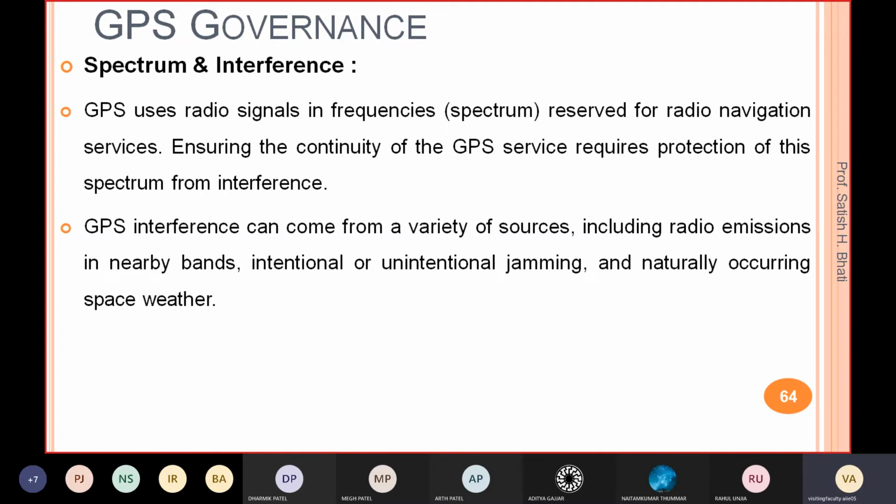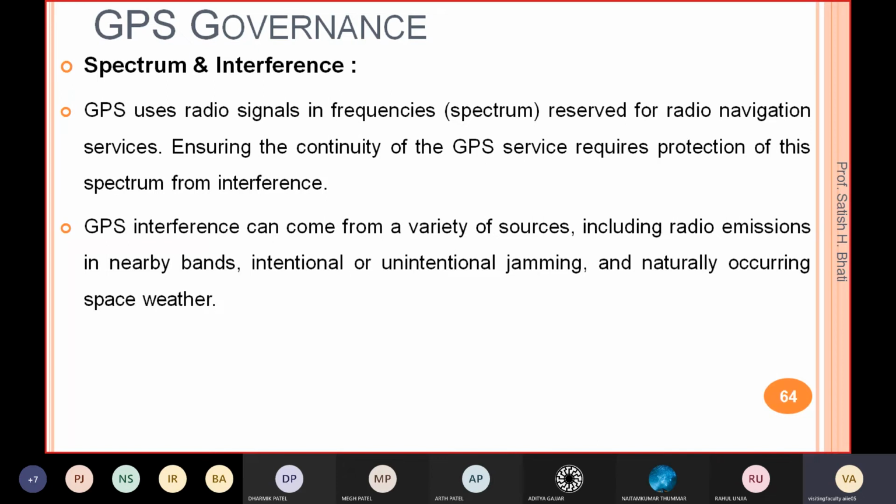Then intentional or unintentional jamming, right? So jamming is like blocking the frequency. You have heard about it whenever some confidential meeting is going on, or sometimes our prime minister visits some places. At those places they always have the mobile jammer, right?